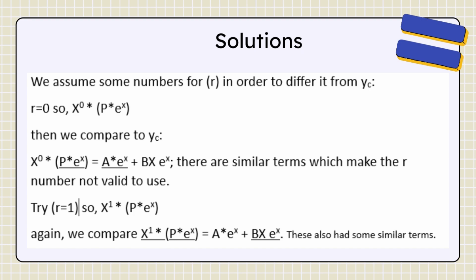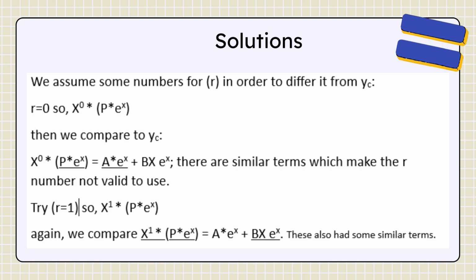After we plug in 1, you can see at the bottom of the slide that yp is equal to x times p times e to the power of x. This equation is also similar to one term in the complementary function, which also makes it not valid to use.